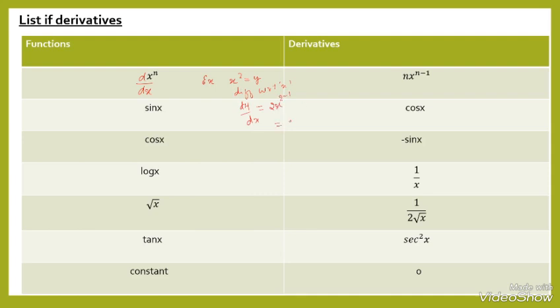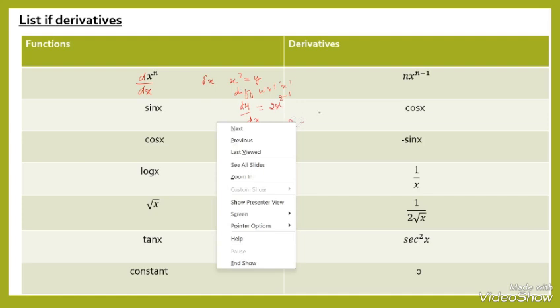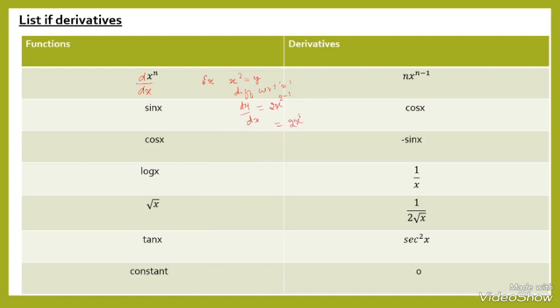Then it is 2 into x to the power 1. This is the differentiation of x square. Therefore, the general formula for differentiation of x to the power n is n into x to the power n minus 1.